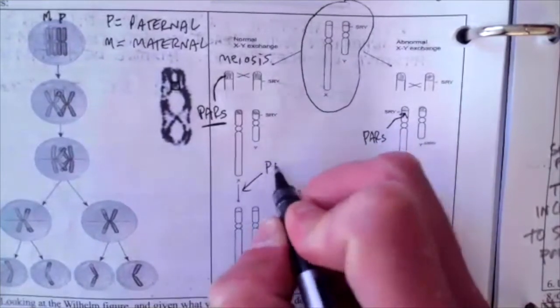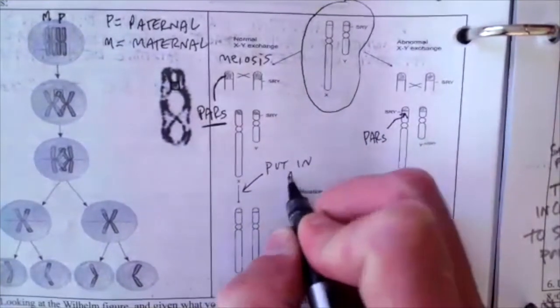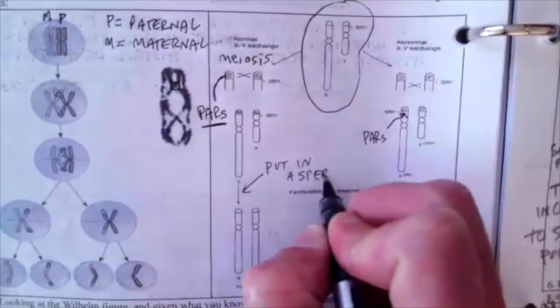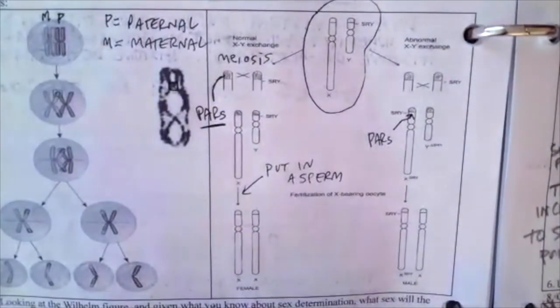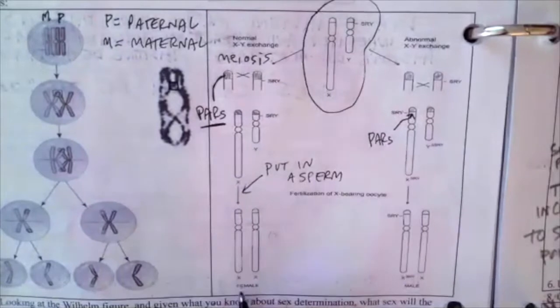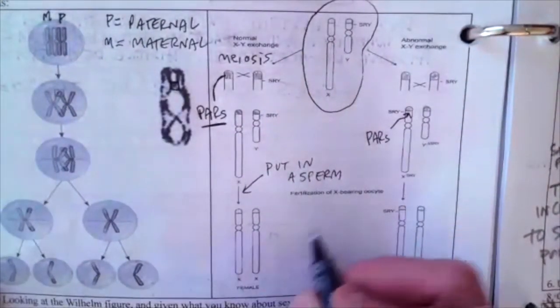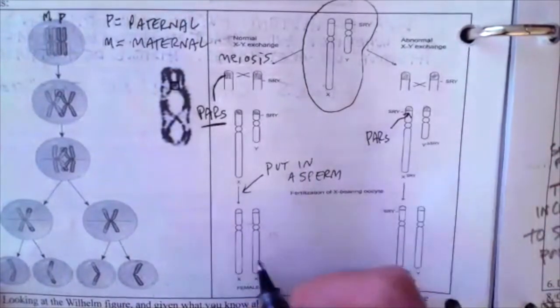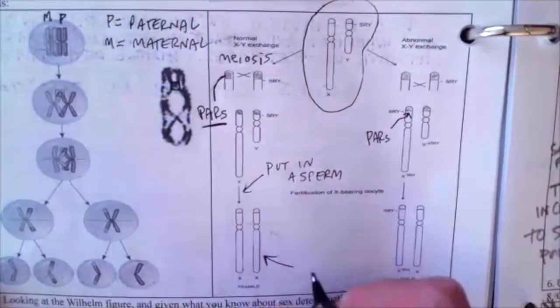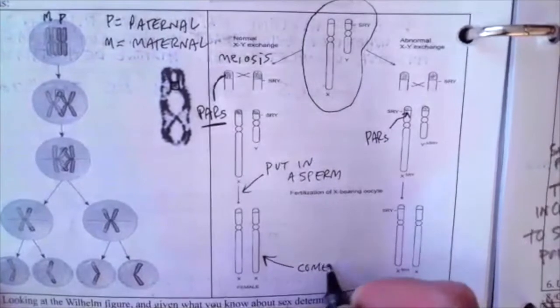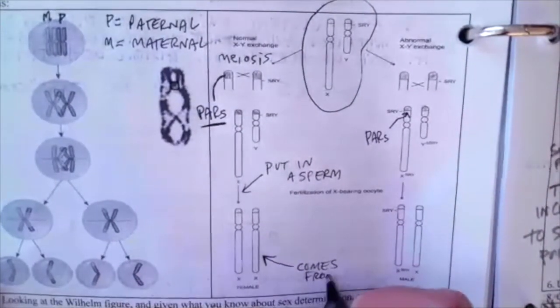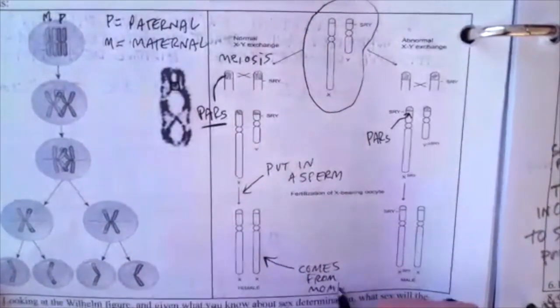So that is put in a sperm. Regular X chromosome put in a sperm. This is fertilization, so this comes from mom's egg.